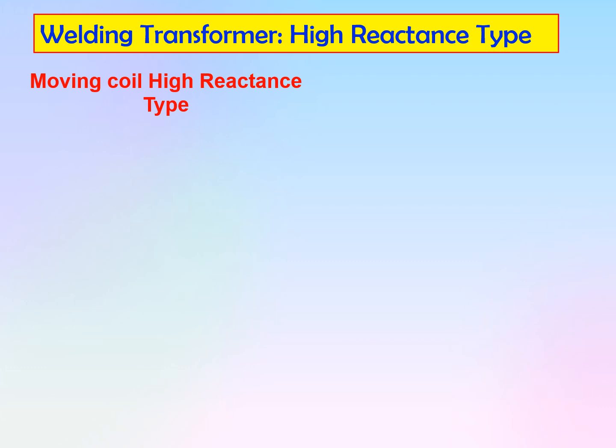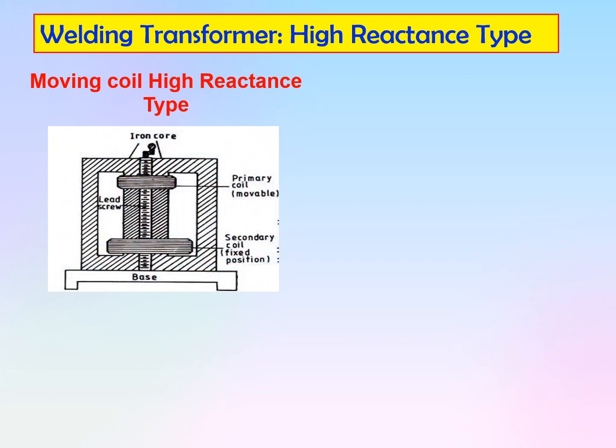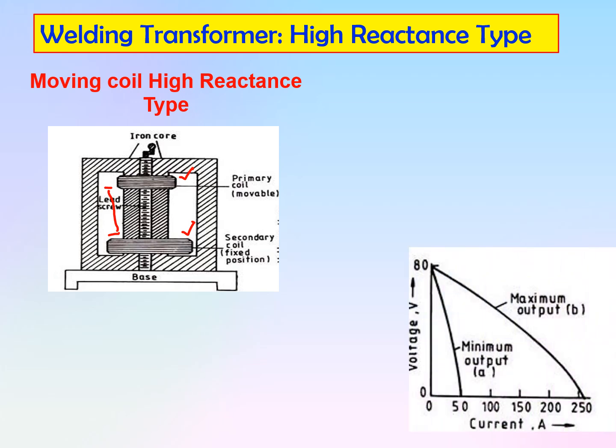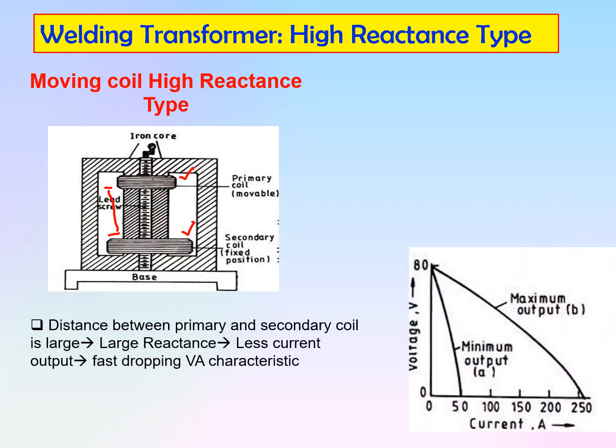In that moving coil high reactance type welding transformer, here you can observe that the primary winding is here and the secondary winding is here, and it is mounted on a screw. So by varying this screw, the distance between the primary winding and secondary winding can be changed. If the distance between the primary winding and secondary winding is larger, then it offers a large reactance and less current output. As the gap in between is large, it offers the large reactance.